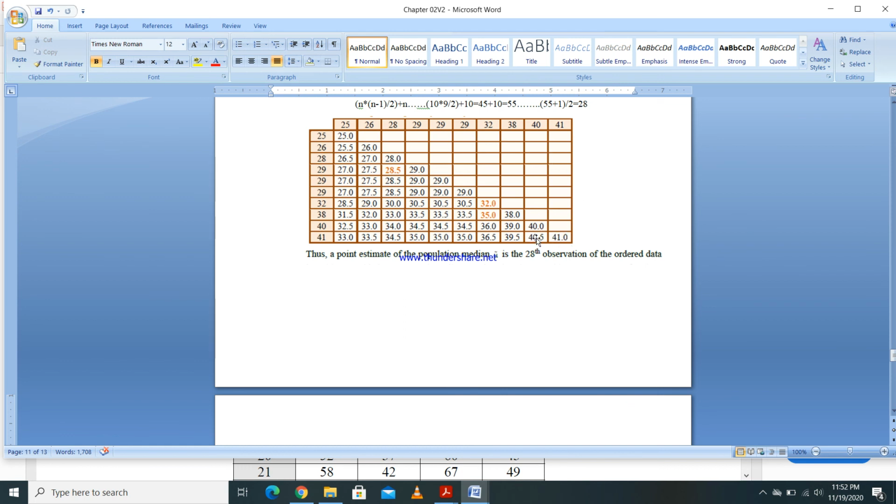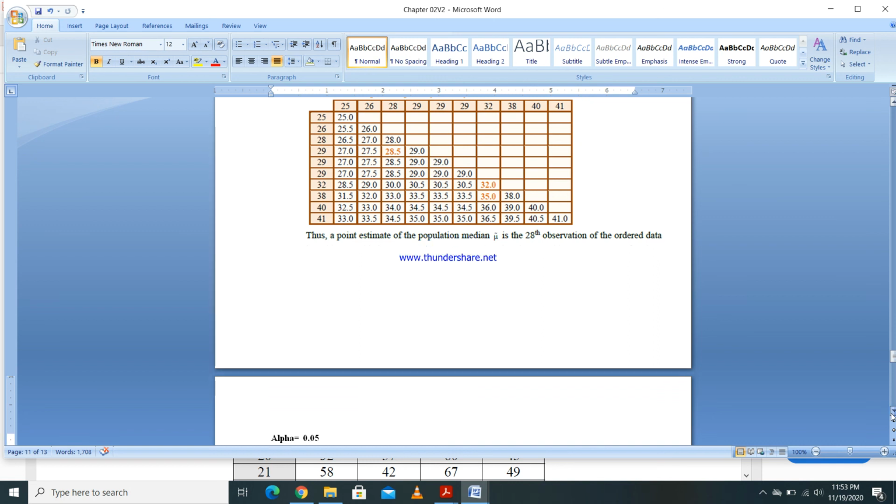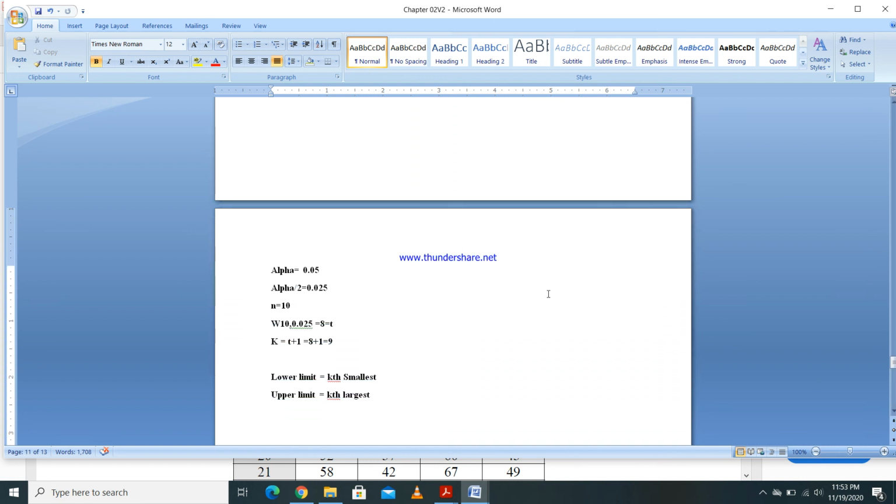Then you have 40.5, then 40.0, then 39.5, then 39. If you count, this is the first, second, third, fourth, fifth, sixth, seventh, eighth, ninth largest one, which is 35. Likewise we can find the 9th smallest one and the 9th largest one.